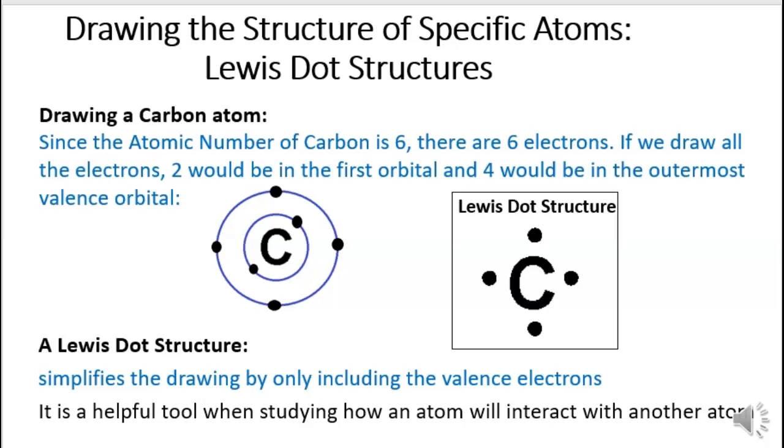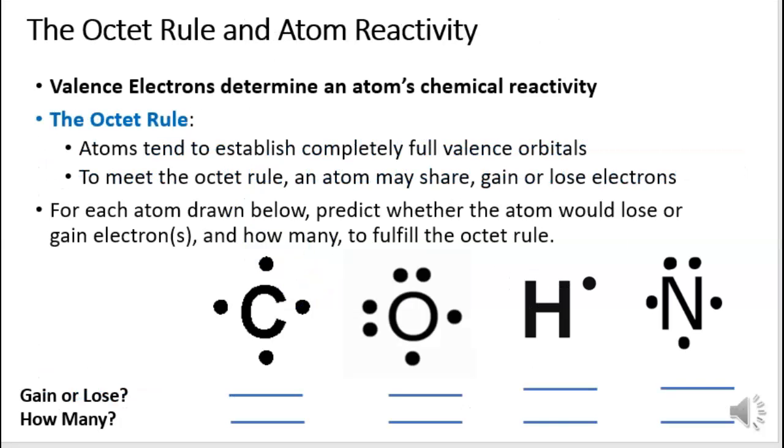The reason that the Lewis dot structure is helpful is that it tells us at a glance how many electrons are missing in this valence orbital. And that's based on something known as the octet rule. So atoms tend to establish fully complete valence orbitals. So in the case of hydrogen, since it only has 1 electron, it's only got that first orbital.